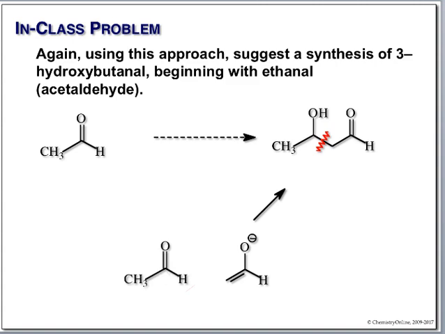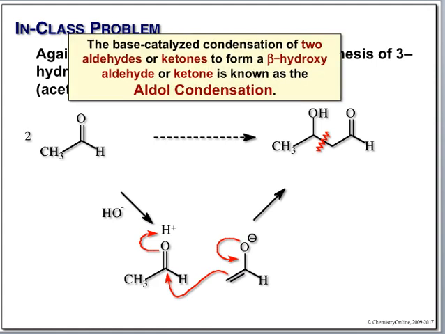The carbanion simply attacks, picks up a hydrogen, just like a Grignard reagent would attack, right? Therefore, because this came from ethanal and this is ethanal, we simply need 2 moles of it in the presence of base. This, my friends, is the aldol condensation, one of the hallmark reactions of organic chemistry.